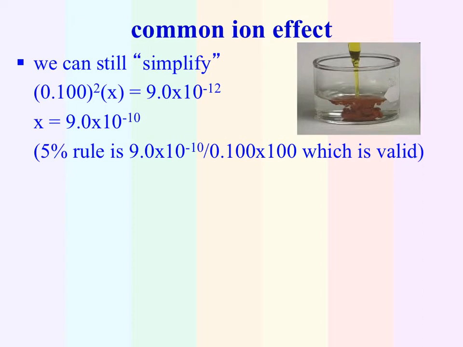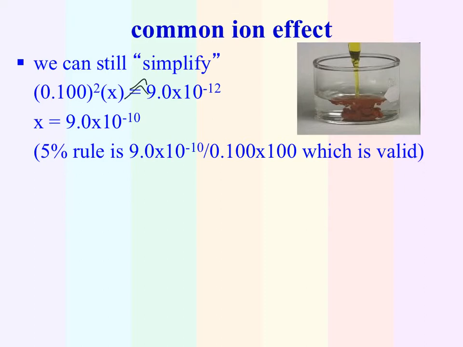So if we drop out our x value that's associated with the change in our silver ion concentration at equilibrium, what we've done is simplified, so basically that value is still approximately equal to 9 times 10 to the negative 12.